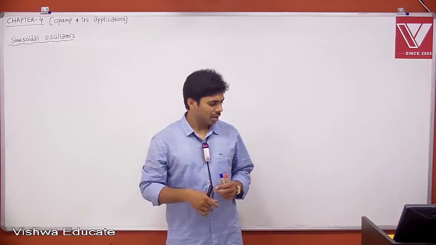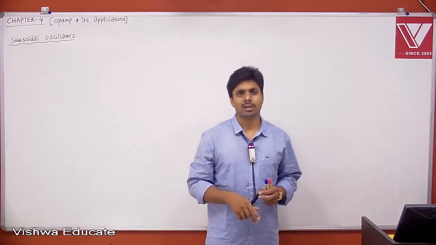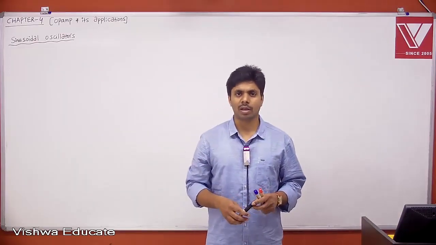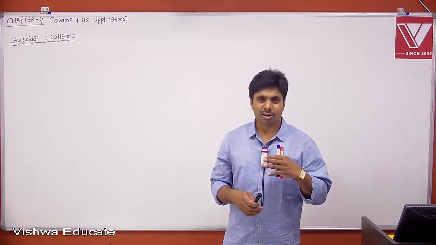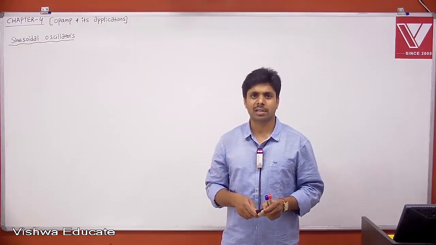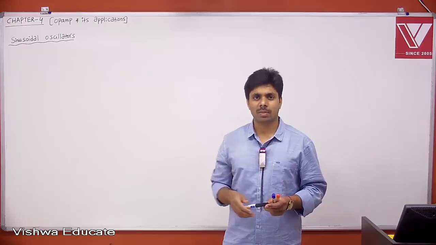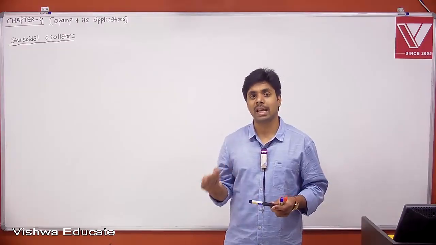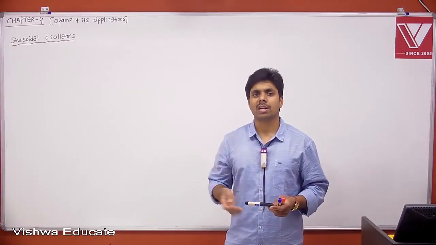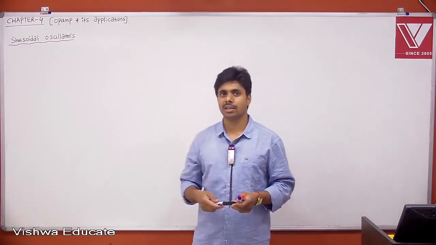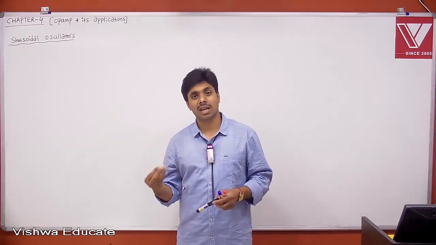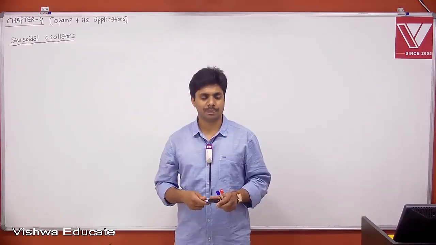Then we will see the points associated to Barkhausen criteria. Just write down, I'm explaining a kind of derivation, or I can say a partial derivation, of Barkhausen criteria. Therefore, we will understand clearly, and based on this I can say what is gain margin and phase margin.